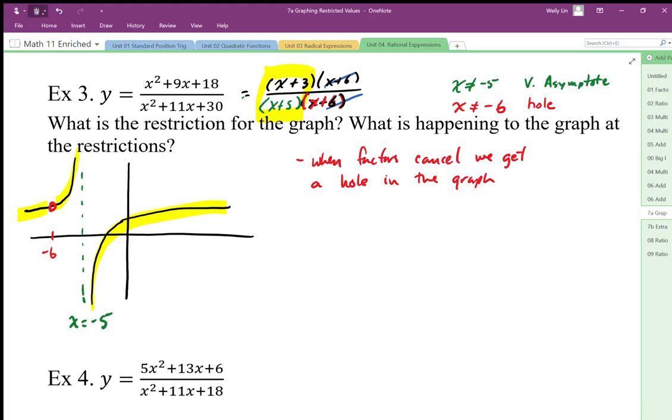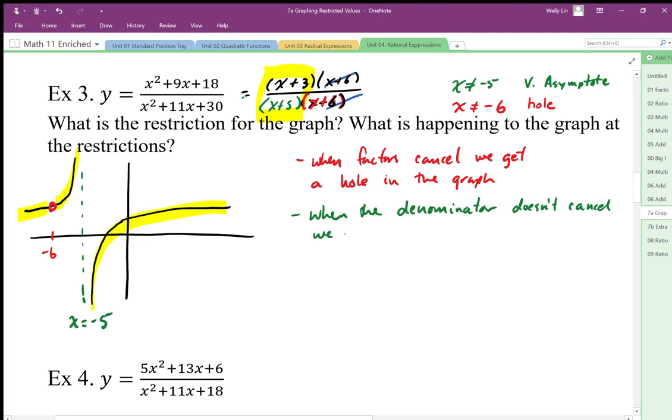When they don't cancel, so when the denominator doesn't cancel, remember the numerator doesn't matter, we get a vertical asymptote.